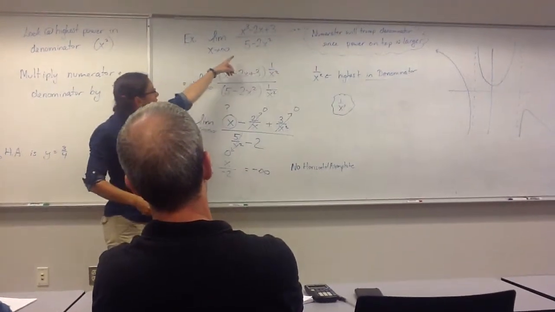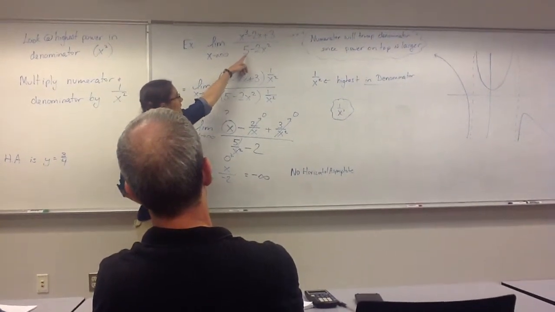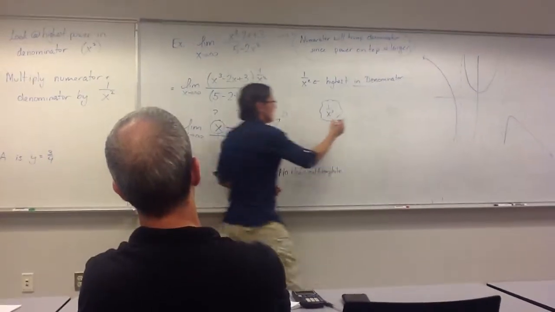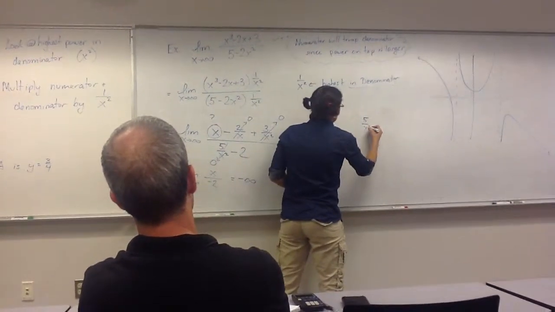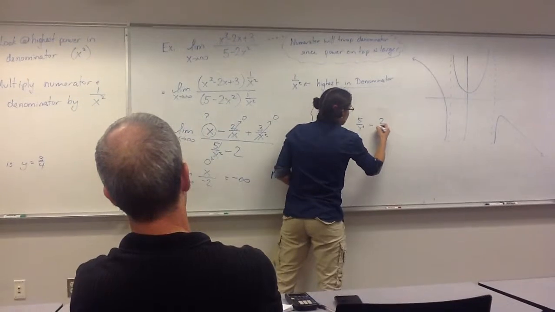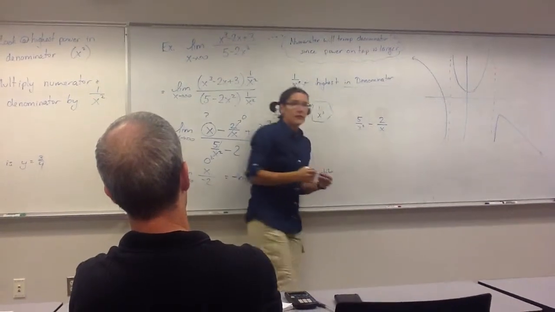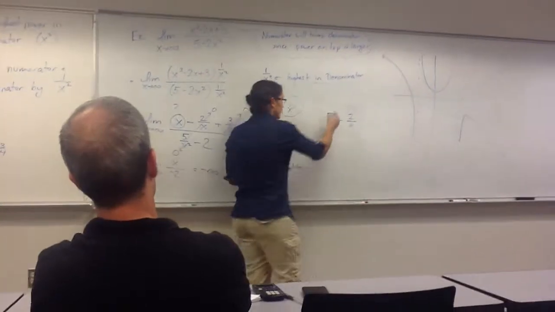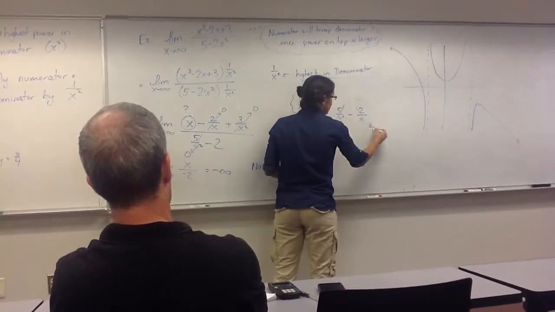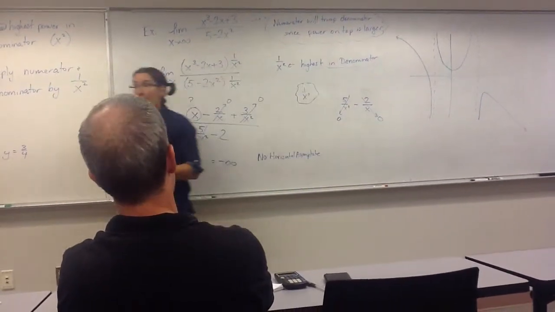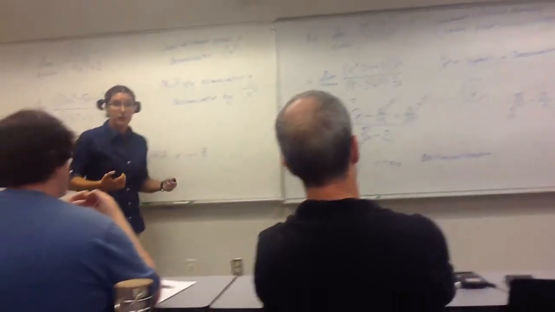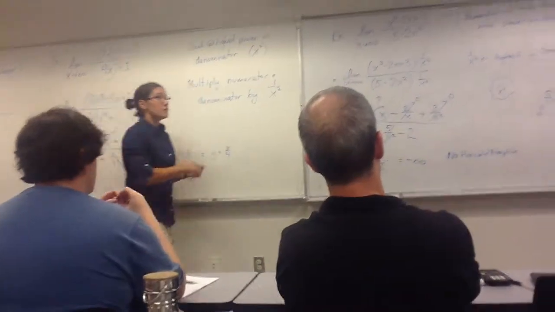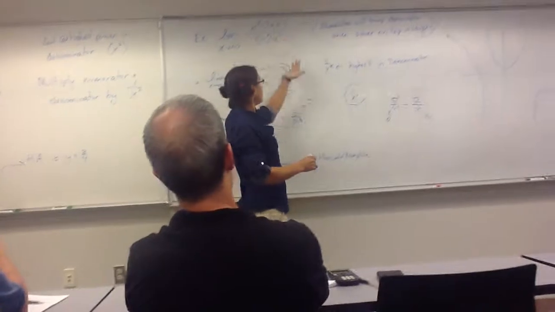In the denominator, though, we'd have 5 over x cubed minus 2 over x. And so our entire denominator would be going to 0, and that's an issue. We don't want that to happen. Okay, we do not want our denominator to go to 0. So it's important to focus on the denominator.